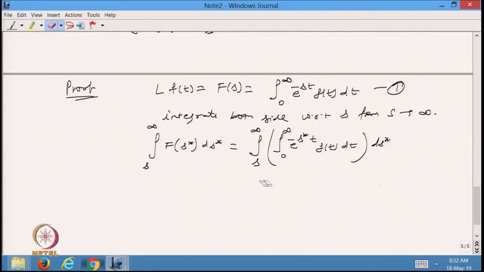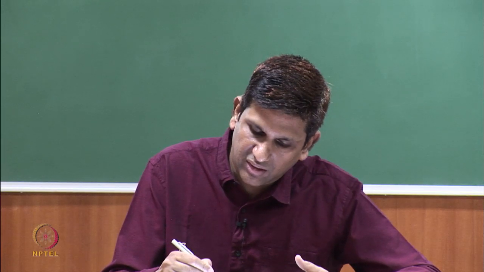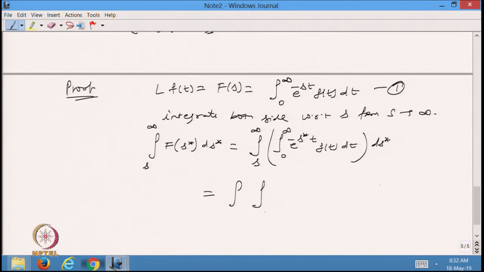Now, here I am taking the integration with respect to s, so the other factors I can take outside and I can interchange the order of the integration. If you change the order of integration, it will be the integral from s to infinity of e raised to the power minus s* t ds*, and then the remaining f(t) dt.